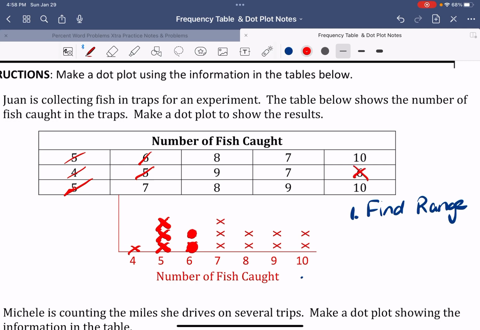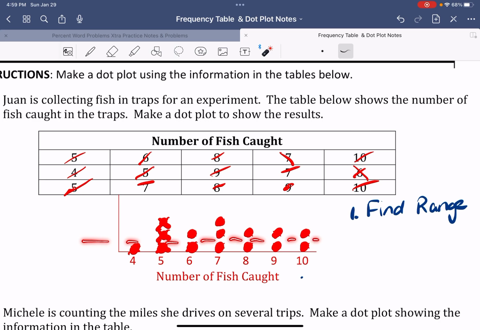This would be appropriate too, okay? Make your dots. 7. Got 1 here. I have a 7, 1 here, 7, 1 here. The other, then I've got an 8, 1 here, 8, 9, 9, 10, 10.